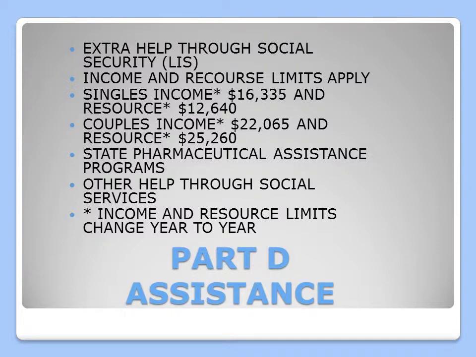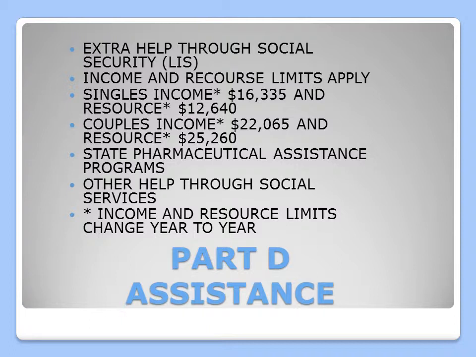There are state pharmaceutical assistance programs. These are obviously run state to state. They do have different qualification levels, and again, they're for people with lower incomes. There's other help through social services. You can contact your local social services office and see if you might apply for other resources that might be available.